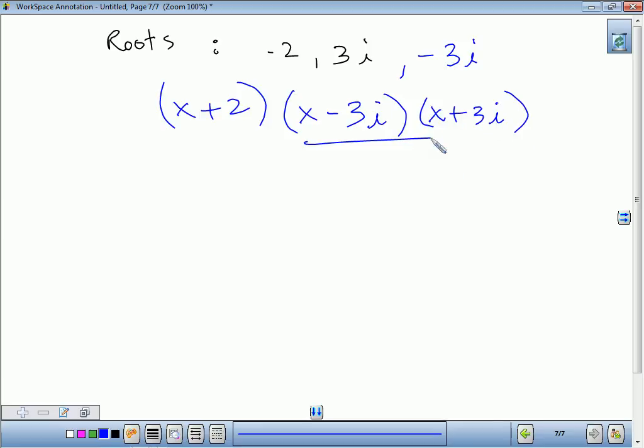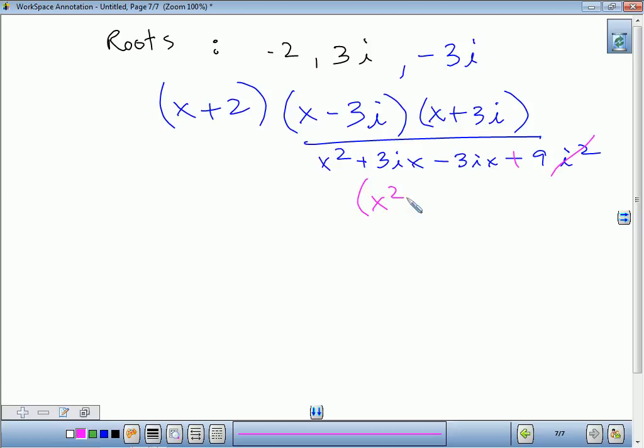Now remember, we always start with opposites. If we have opposites, we start with x. So, distribute: x squared plus 3i x minus 3i x minus 9i squared. But the i squared cancels, leaves me x squared plus 9, because these also cancel, times an x plus 2.